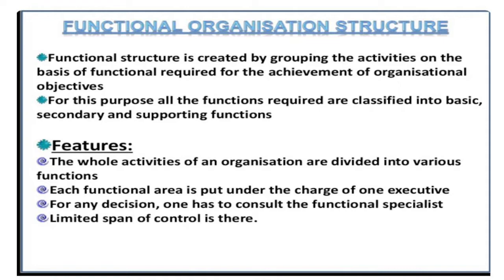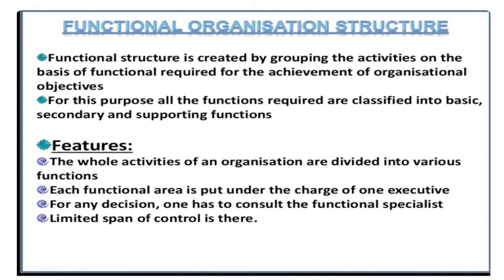The feature of this functional organizational structure is that the whole activities of an organization are divided into various functions. As we know, the organization functions are production, marketing, sales, purchase, accounts, stores, office, like that.